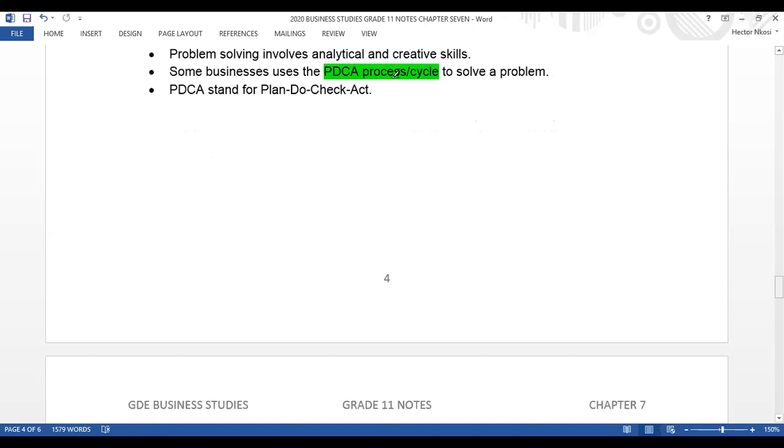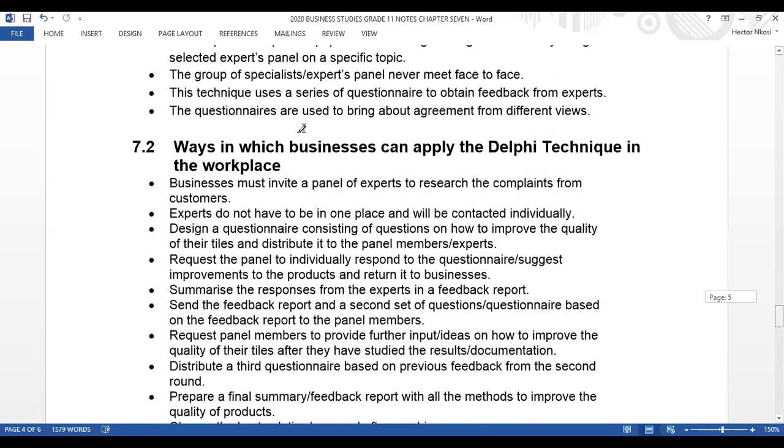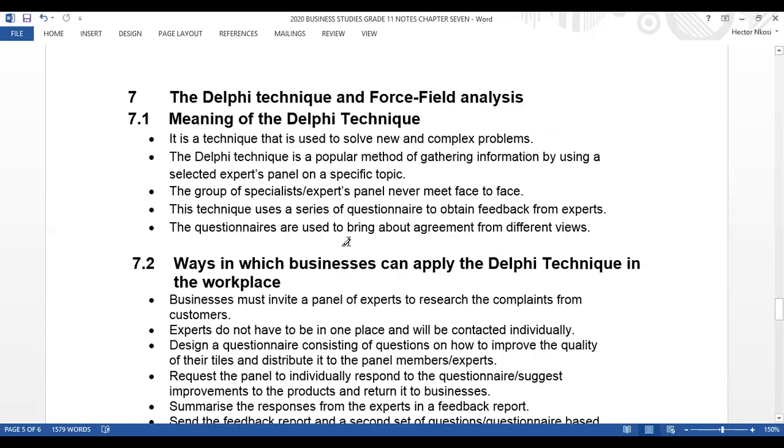So basically, boys and girls, the Delphi technique is one of the techniques that helps us to solve problems. Even the SWOT analysis is one of the techniques that helps us to solve a problem. It is a technique that is used to solve new and complex problems. So this solves what?